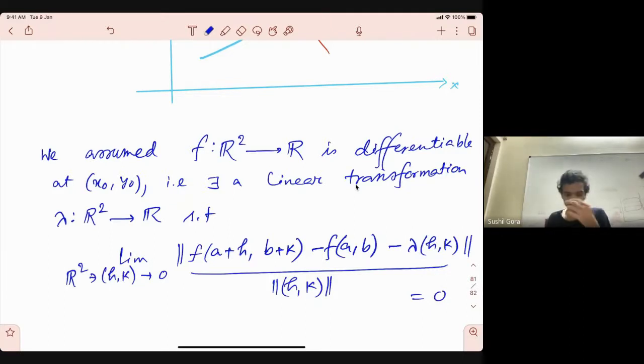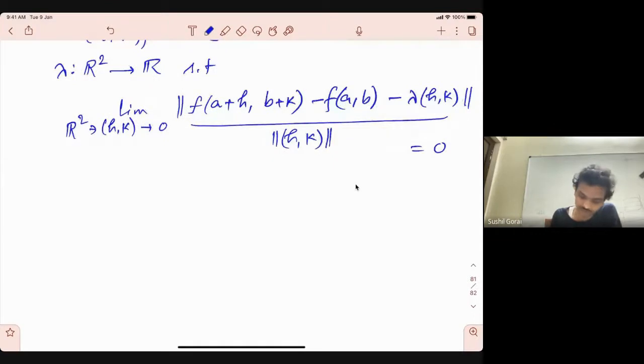We know this limit exists. Now let us play with this limit. So choose our direction.